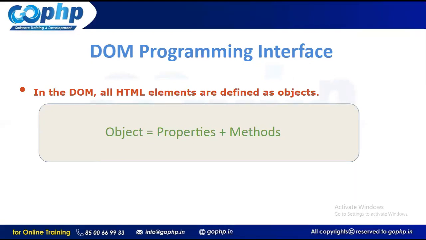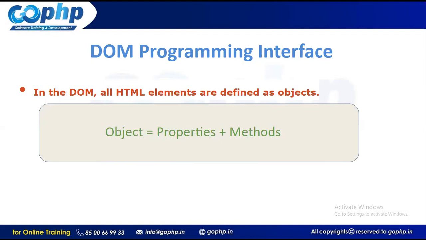As well, every element has its own individual attributes. For example, an image tag has some attributes, an input element has its own attributes, and an anchor tag has its own attributes. Those attributes, in JavaScript, are called properties.